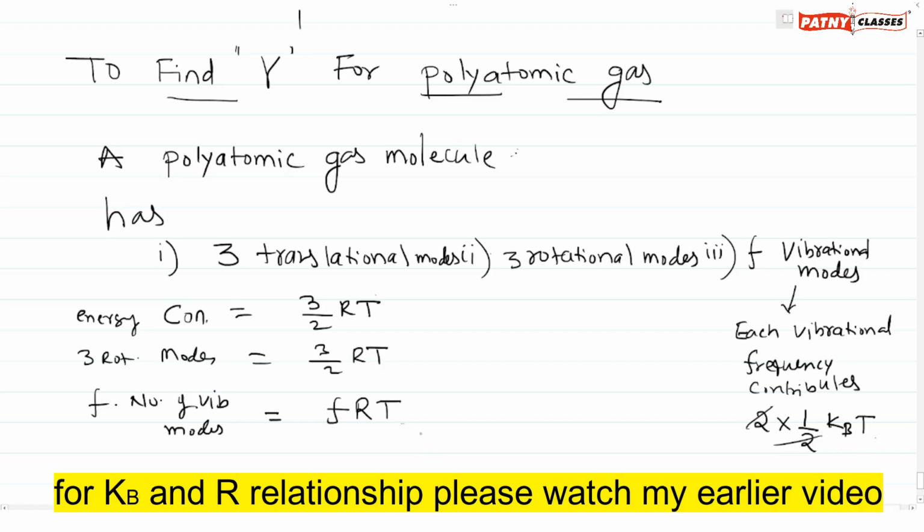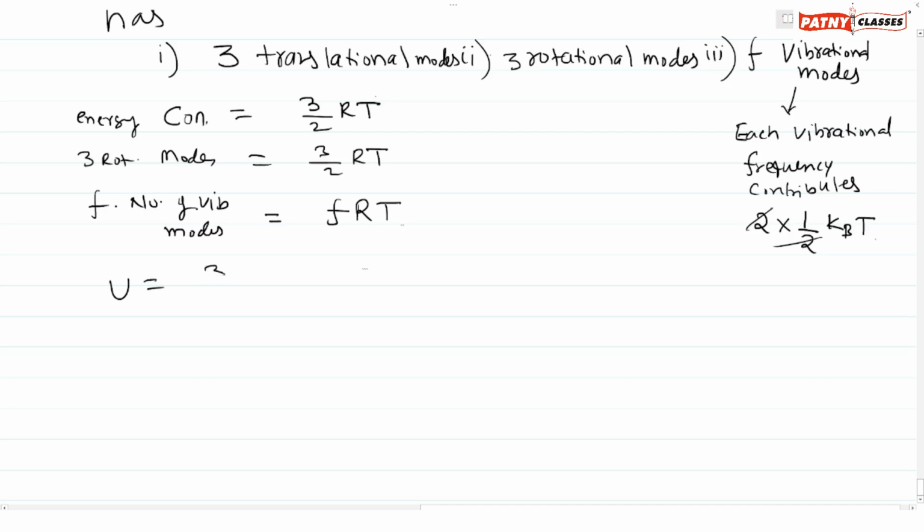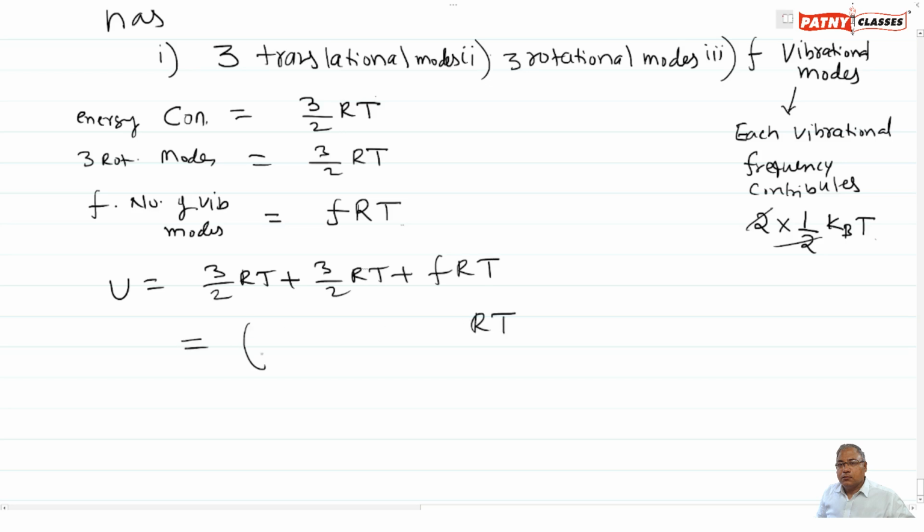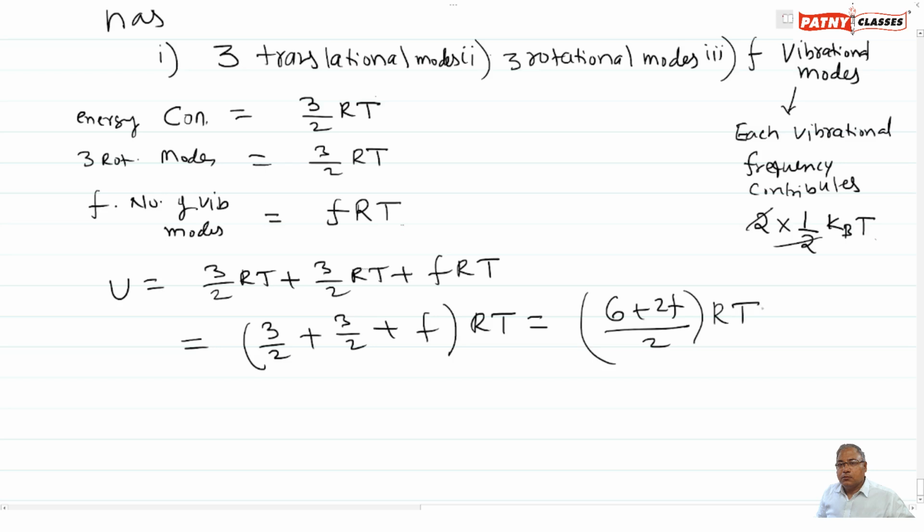So now the total energy contributed, U, equals 3 upon 2 RT plus 3 upon 2 RT plus FRT. Now taking RT common, we have 3 upon 2 plus 3 upon 2 plus F. So this equals 6 plus 2F divided by 2 RT.